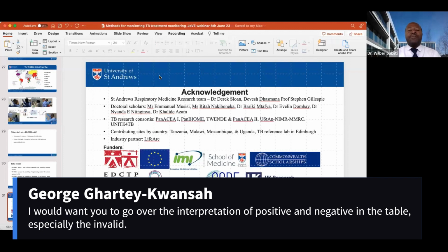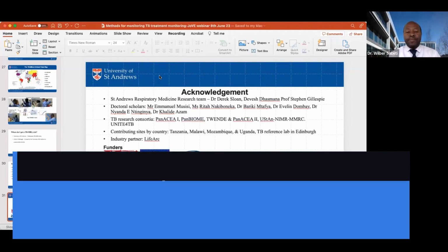So that makes the result invalid. To make sure that the result is valid, the extraction control channel must present a positive result.